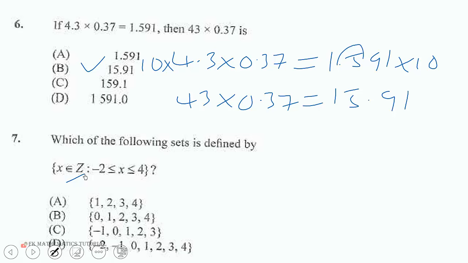So this will be negative 2, the integers, we have negative 1, then we have 0, 1, then we have 3, then we have 4 itself included. So that will be D.